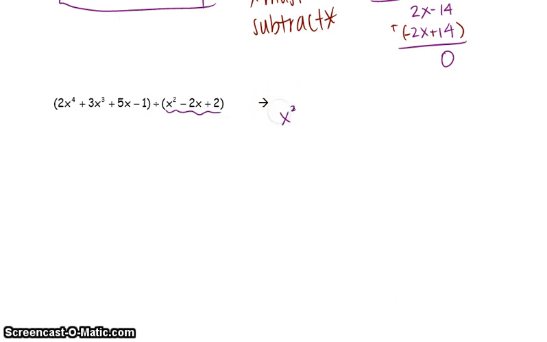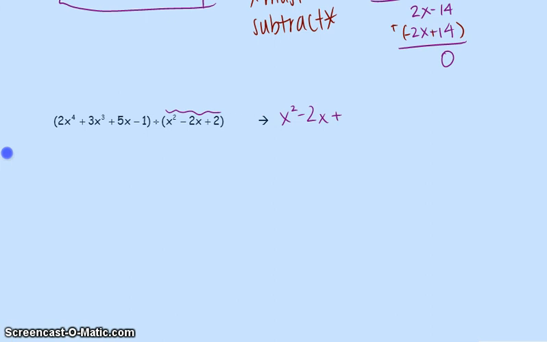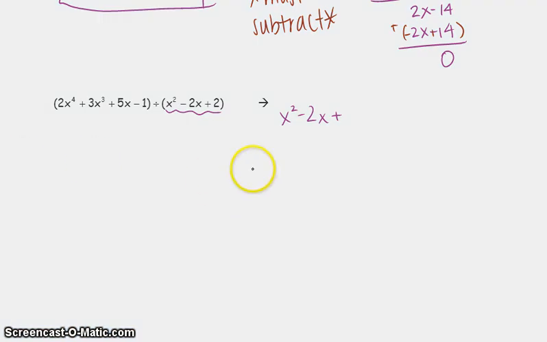So we have x squared minus 2x plus 2. That's on the outside. And on the inside, we're going to have 2x to the fourth plus 3x cubed plus 5x and a negative 1.